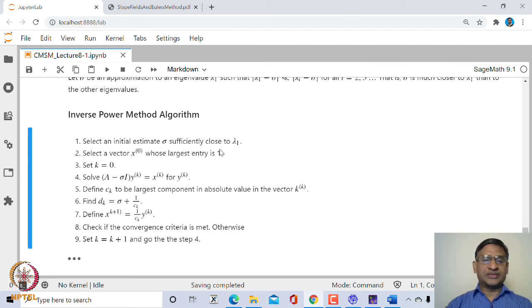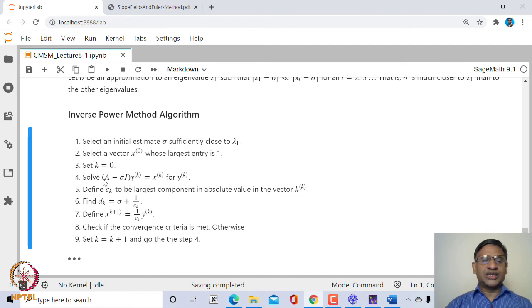One has to do some experiments and find out, and one can look at the convergence criteria for these algorithms. Then start with x naught, a vector whose largest entry is 1, set k equal to 0, and then solve A minus sigma times identity yk is equal to xk. So you are solving this particular equation at every stage.